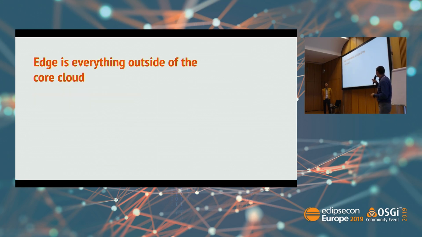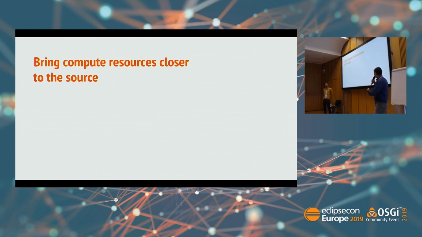In one of our meetings and discussions, we were trying to paraphrase what edge is in a single sentence, and one of the colleagues, Steve from VMware, came up with: edge is everything that's sitting outside of the core cloud, no matter what it is, and we will come to some of the classifications in a minute. And again, why do we want to do this?